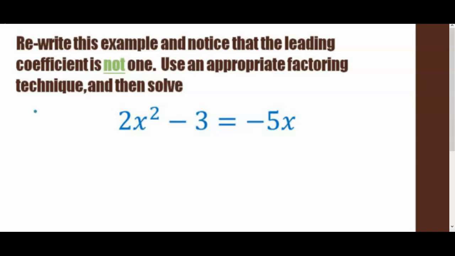Once again, it is not in standard form or set equal to 0. So the very first thing we're going to do on any solving quadratic equations problem is get it set equal to 0. So I'm going to add that 5x over, and when I add it over, I'm going to smush it in the middle so that my terms go in order.